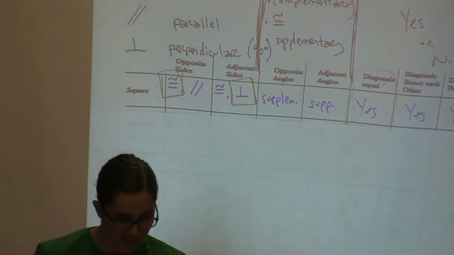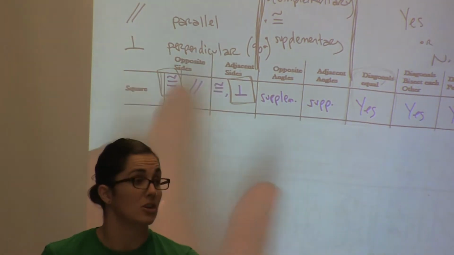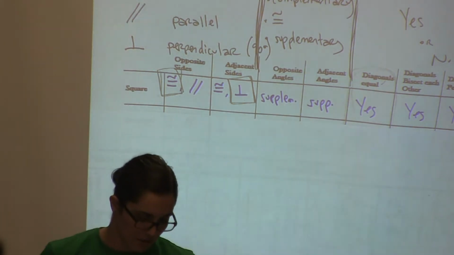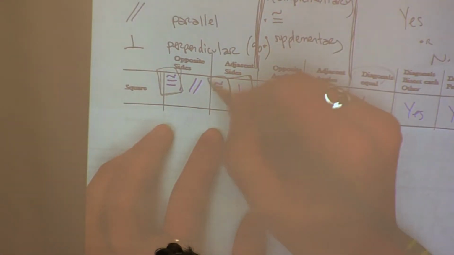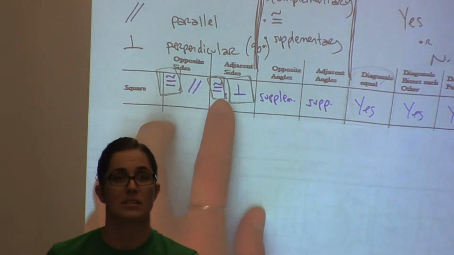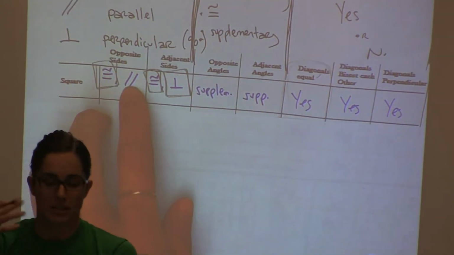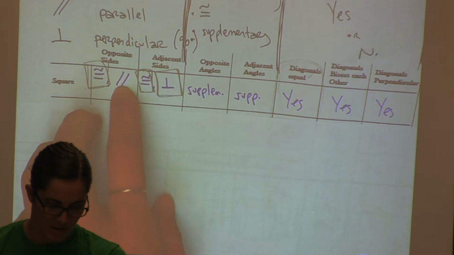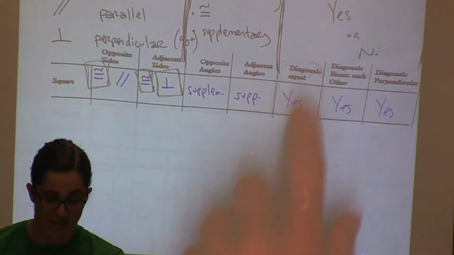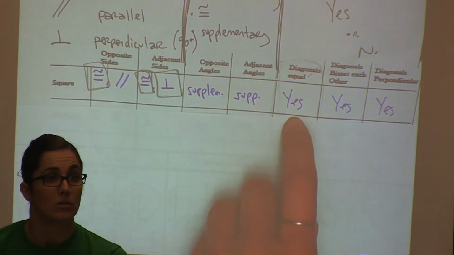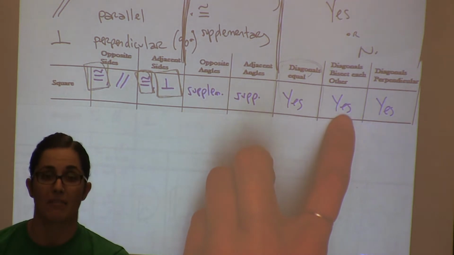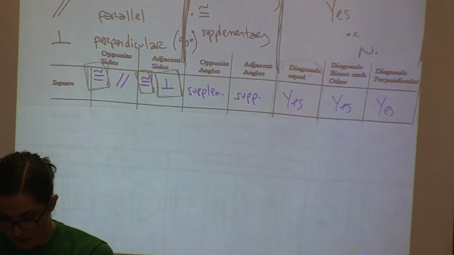The fact that the opposite sides are also parallel. The fact, I'm sorry, that's a definition. I lied. That adjacent sides are congruent is a definition. But the fact that the opposite sides are parallel, that's just a property of a square. And the fact that the diagonals are equal, or that they split each other in half, or that they meet at 90 degrees.